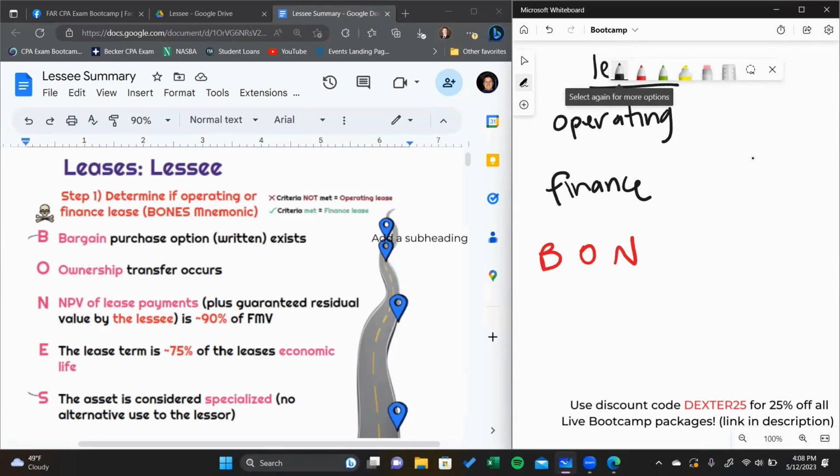Additionally, guaranteed residual value, the way this works is sometimes the person who is leasing you the asset will require that the value of the asset be a certain amount. For example, you lease a forklift and the person who is leasing it to you says, okay, at the end of the lease, the forklift needs to have a value of $1,000.